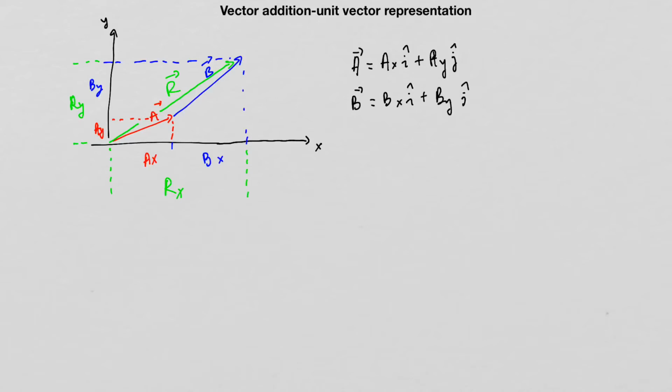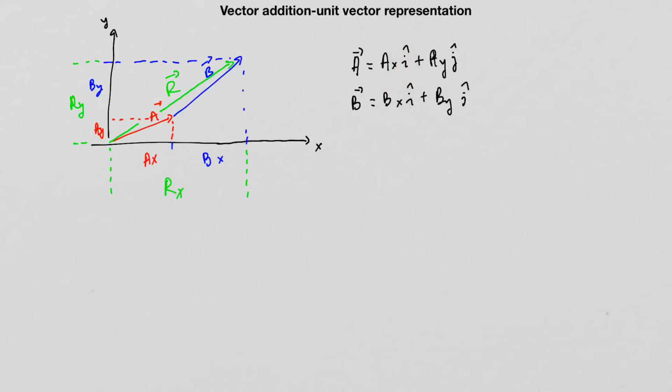Now if you look at my drawing right here, you see that essentially what is happening is the x component of R is equal to the sum of the x components of A and B. And so if you look at the unit vector representation, you can see that the x component of A is multiplied by i-hat, and the x component of B is multiplied by i-hat.